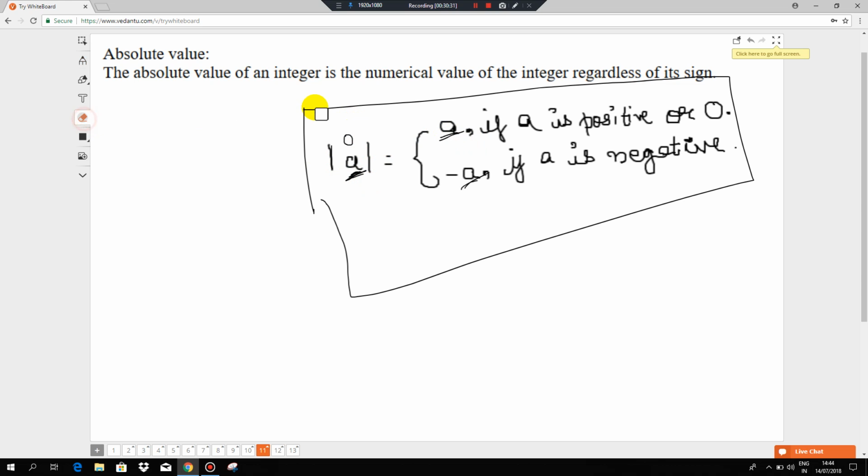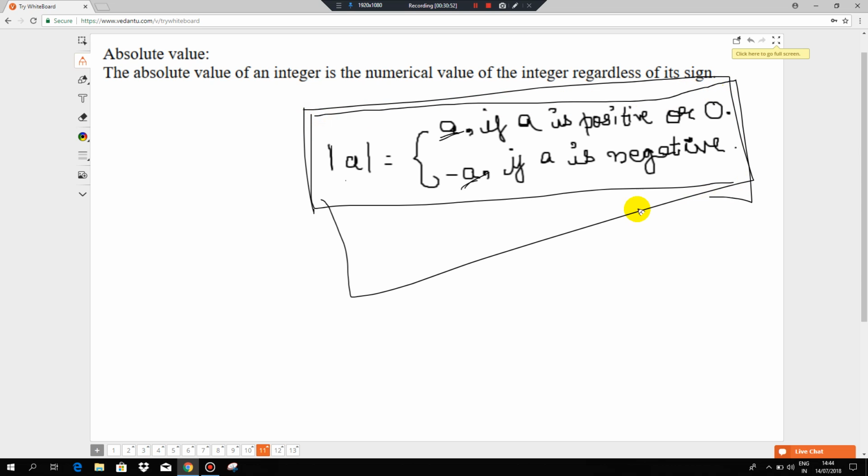But when it is a negative integer, instead of forming some confusion, I'll just put a number. Let's keep 7. The absolute value of 7 is 7.